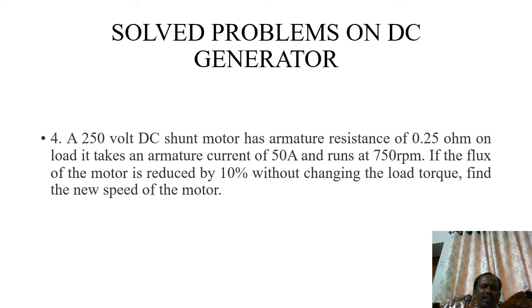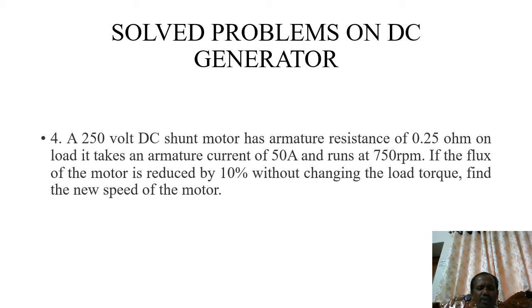The given data is V equal to 250 volts, armature resistance R_A is equal to 0.25 ohm. The load takes a current I_L here. I_L is divided into armature current and shunt current. So I_L in the case of the motor is 50 amperes, and it runs at 750 rpm.